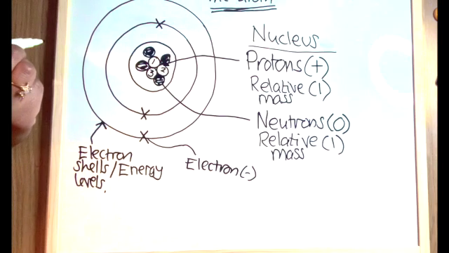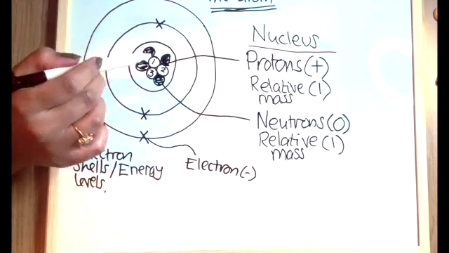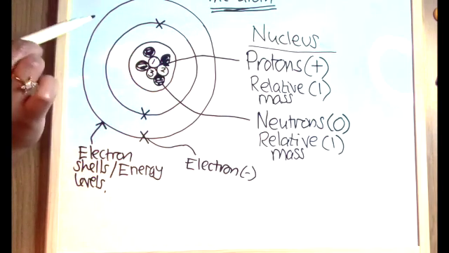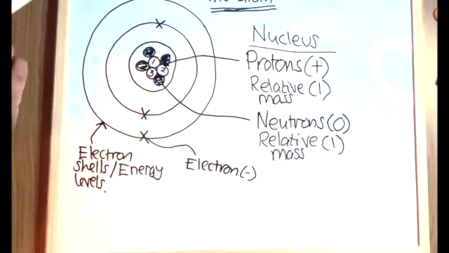Now, an atom always has the same number of protons as electrons. So if I've got 3 protons in my atom, I will always have 3 electrons on my electron shells. So atoms have the same number of protons as electrons.